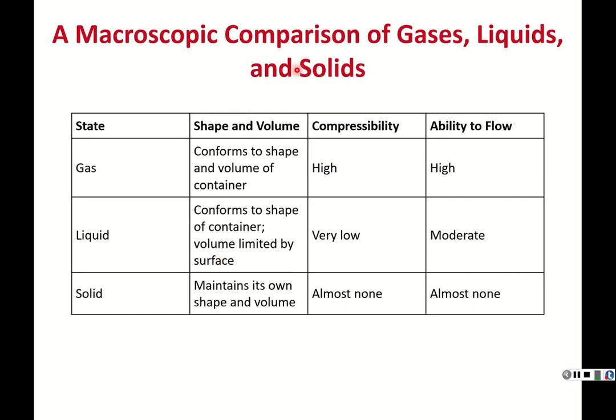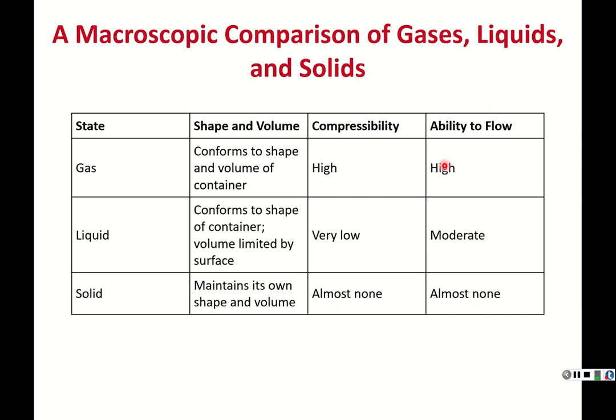Okay. So if we look at this table, now we're looking at the shape and volume, the compressibility, and the ability to flow. Gas is very compressible. It has a very high ability to flow. Liquid has very low compressibility and moderate ability to flow. Something like water, you would say, doesn't seem very moderate, right? Because it flows pretty readily.